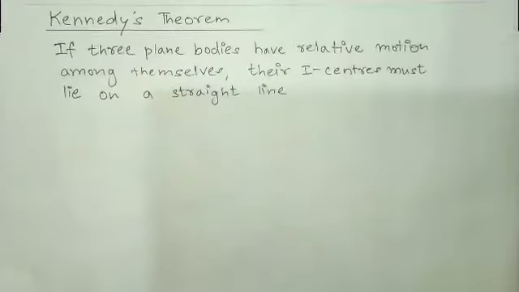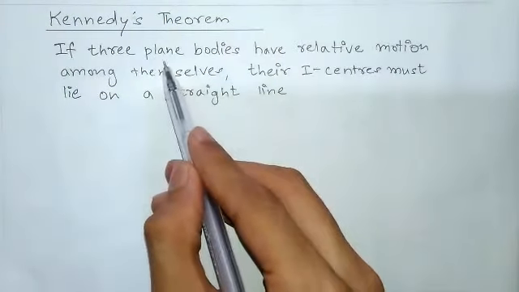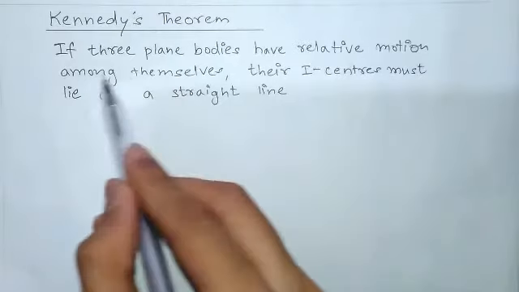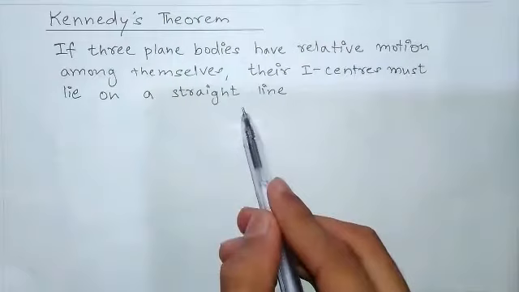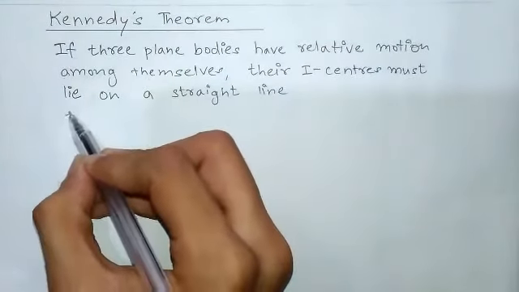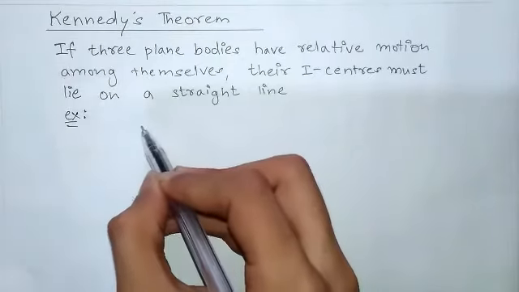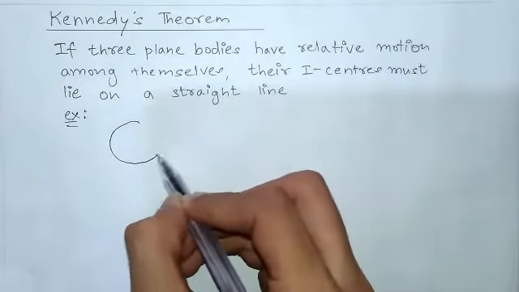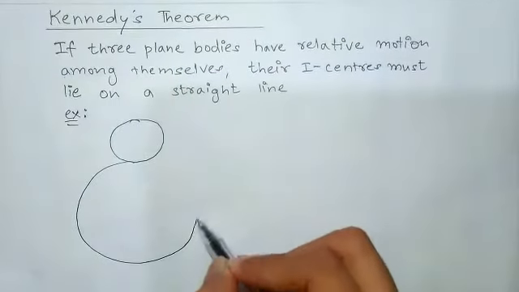Now let us see one important theorem which is used to locate instantaneous centers of complex mechanisms, which simply says that if three plane bodies have relative motion among themselves, their I centers must lie on a straight line. A very good example to understand this theorem is two gears in mesh. One is a smaller gear, one is a larger gear.